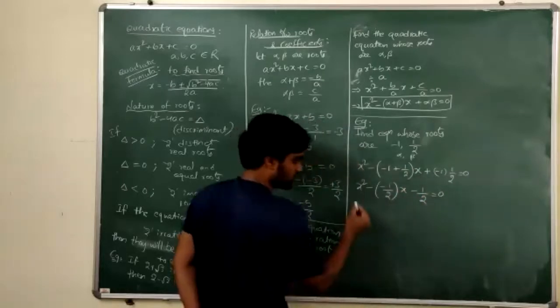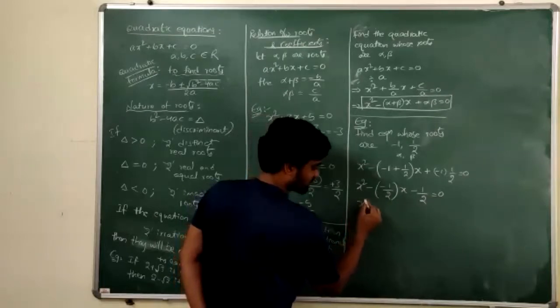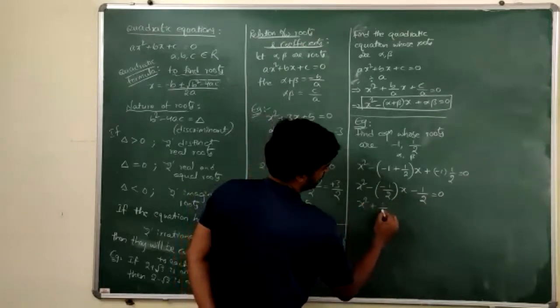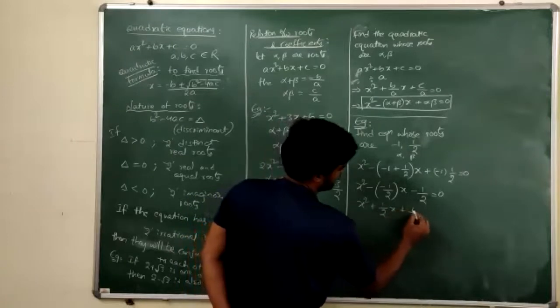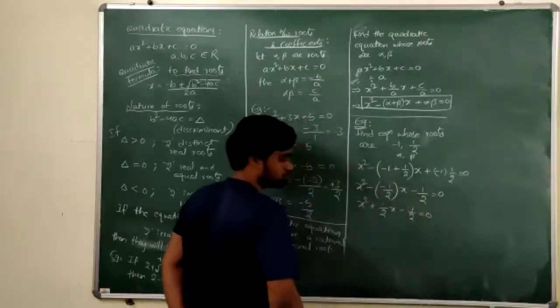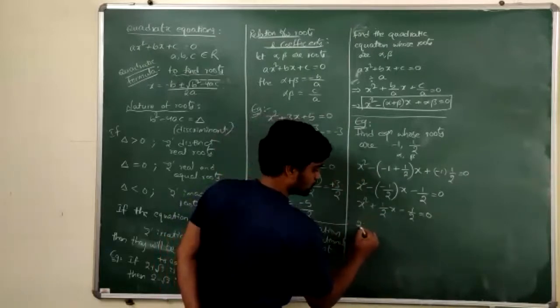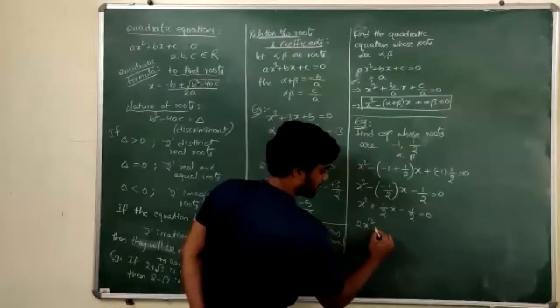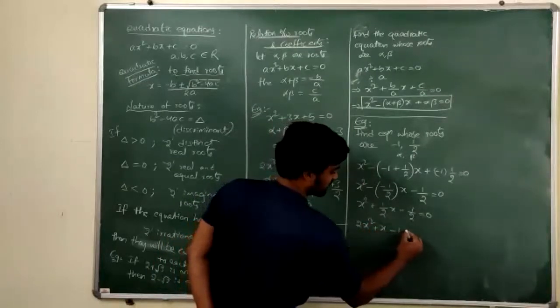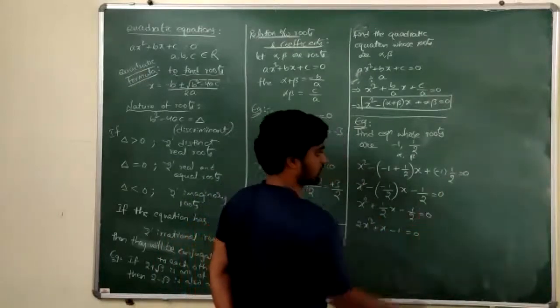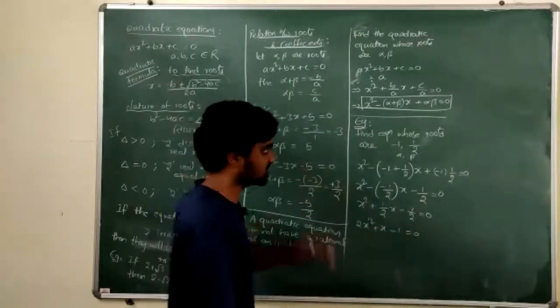So x square plus 1 by 2x minus 1 by 2 is equal to 0. Now take LCM. 2x square plus x minus 1 by 2 is equal to 0. So take 2 to RHS.